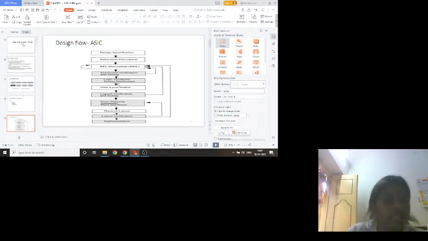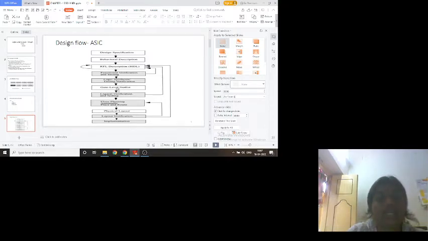At this stage, timing related verification of the design will be handled. After the logical synthesis, the RTL description of the code is converted into a gate level netlist.